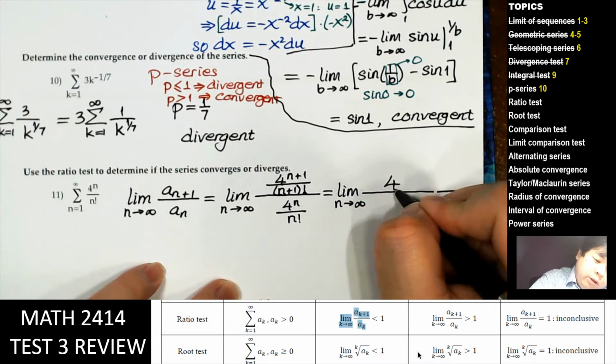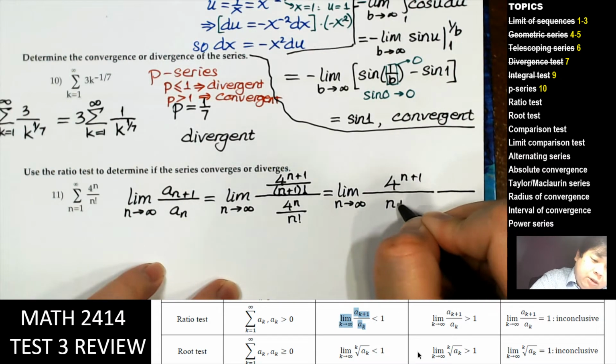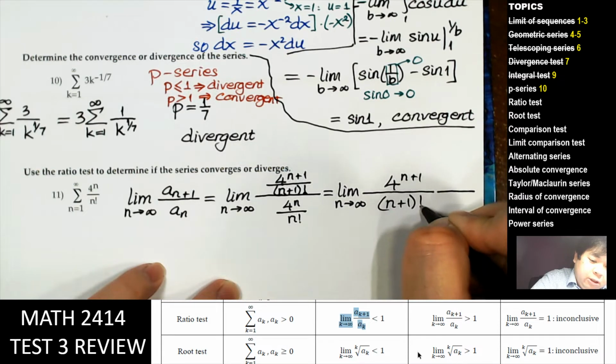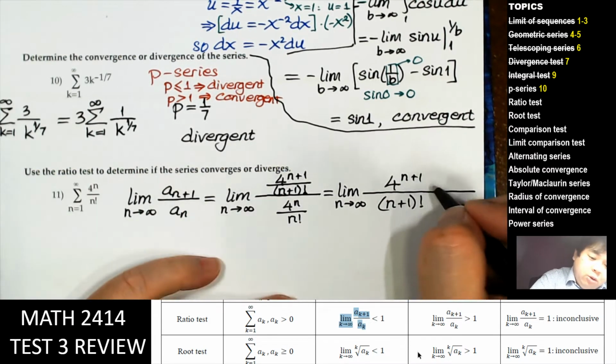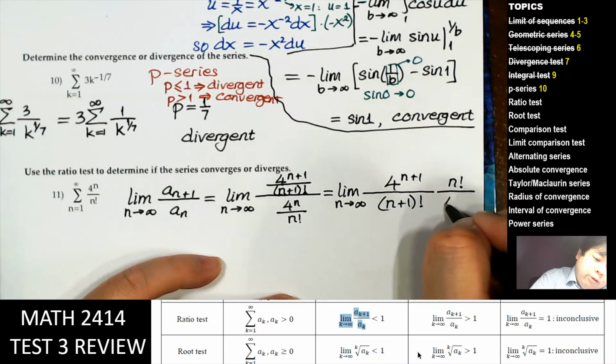We have 4 to the n plus 1 over n plus 1 factorial, and then multiply the reciprocal, we have n factorial over 4 to the n.